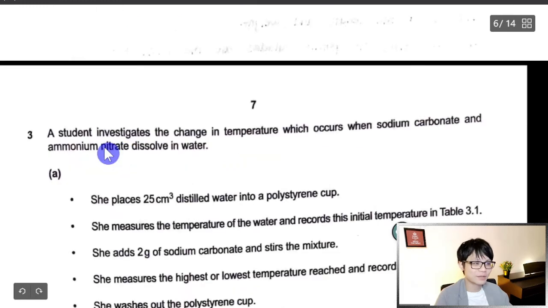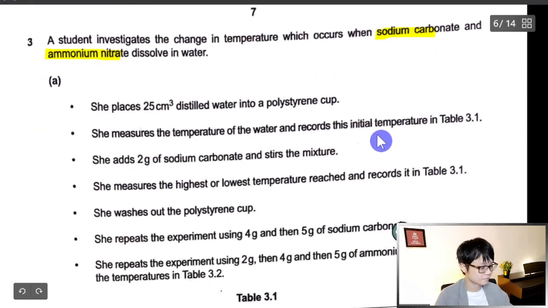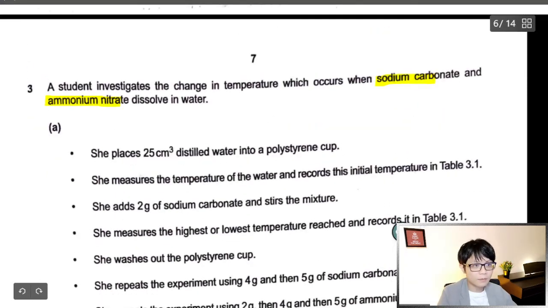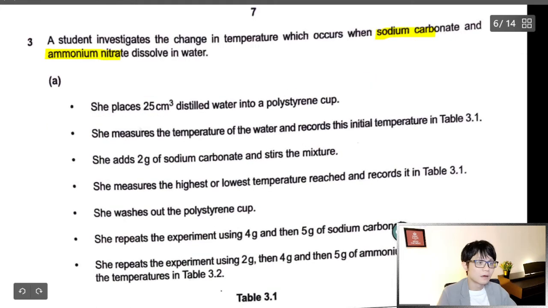Question number 3. A student investigates the change of temperature with sodium carbonate and ammonium nitrate. Okay, so probably this will be an exothermic reaction, sodium carbonate and ammonium nitrate. I don't want to read this.